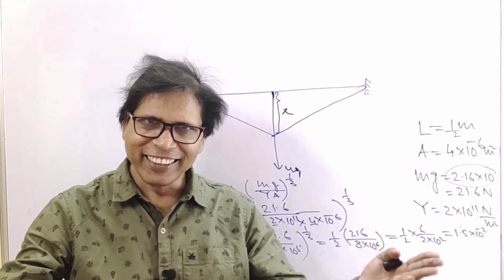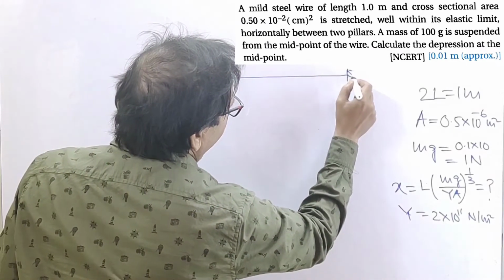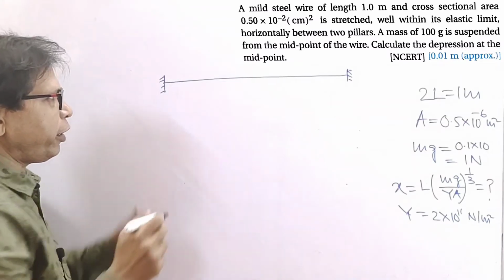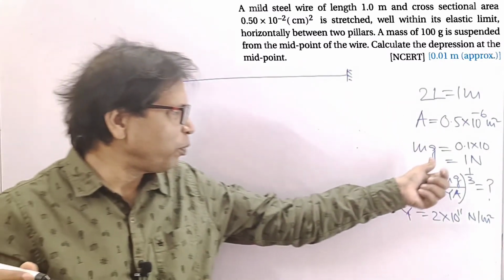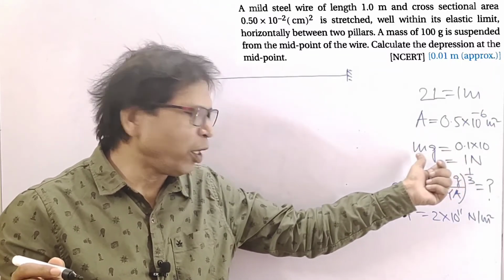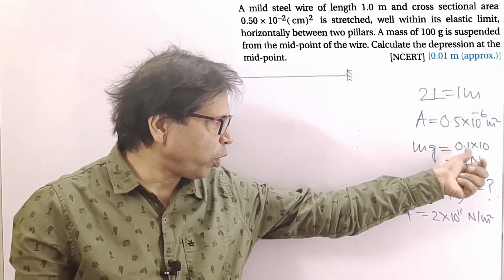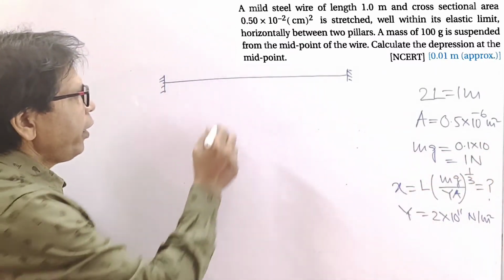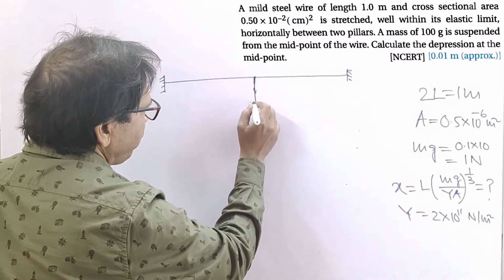Next, a steel wire of length 1 meter is connected horizontally between two supports. If a load of 100 gram, that is mg equal to 0.1 into 10, that is 1 Newton, is applied at the midpoint, we have to calculate the depression.